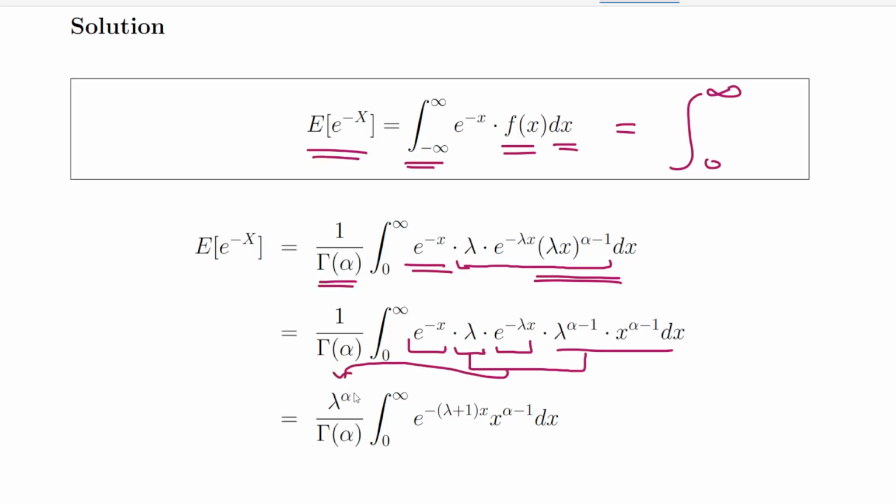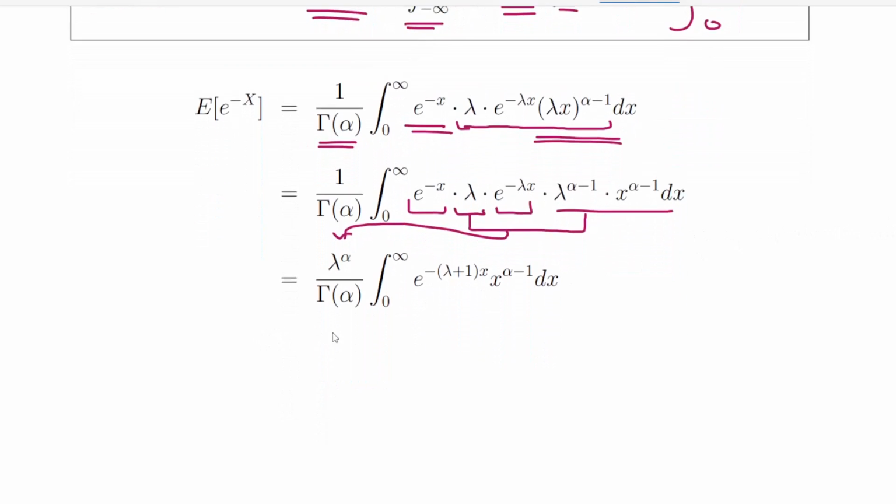Okay, just clean it up a little bit more. We really could have done this in one fell swoop, but there's a lot going on here, so I'm keeping it in stages. So here we have it: the expected value of e to the minus x is lambda to the power of alpha divided by the gamma function of alpha times this definite integral here.